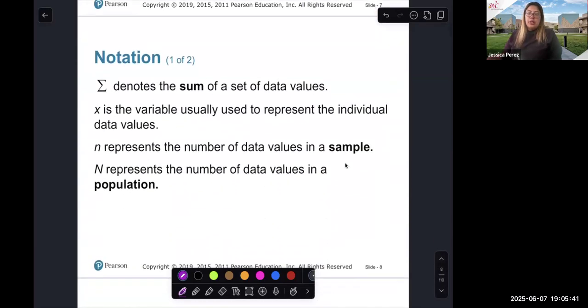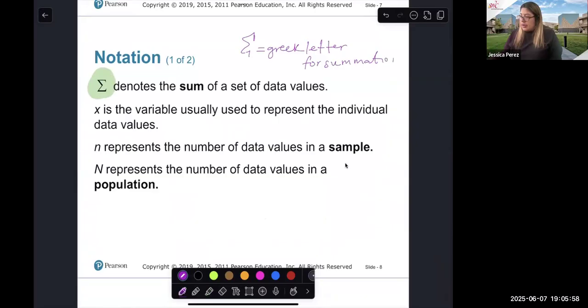What is this notation? This notation means sum. It's a Greek letter. This symbol is the Greek letter for summation, where you're adding the values. Another word for it is sigma.